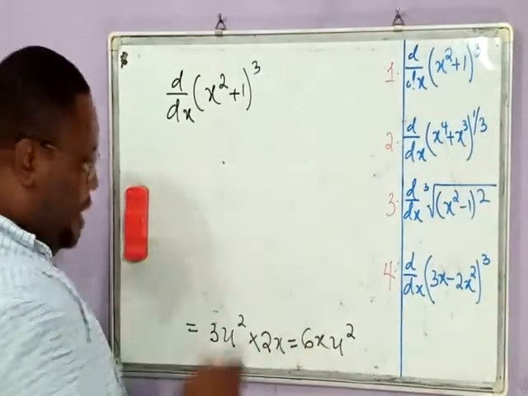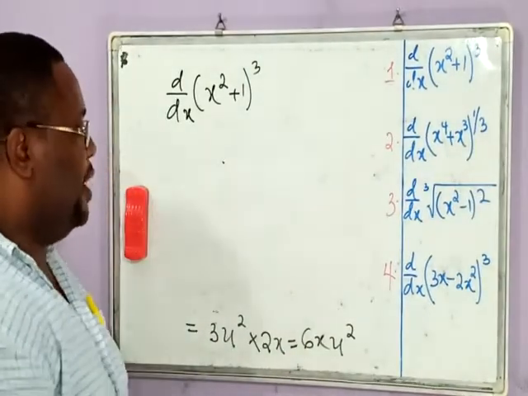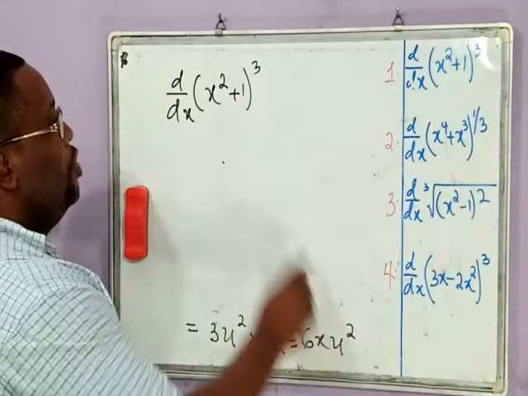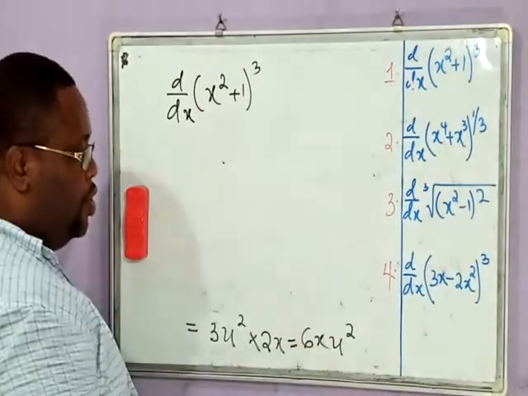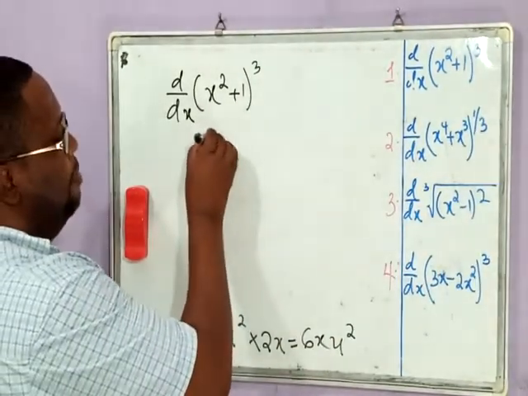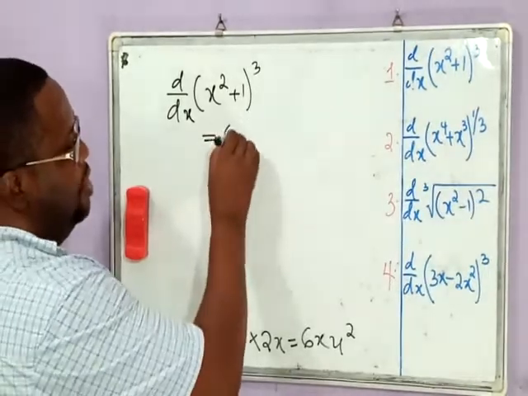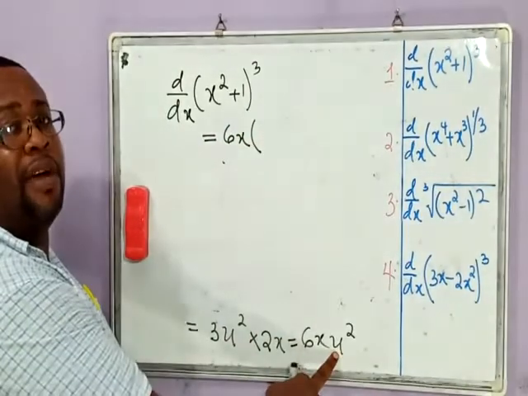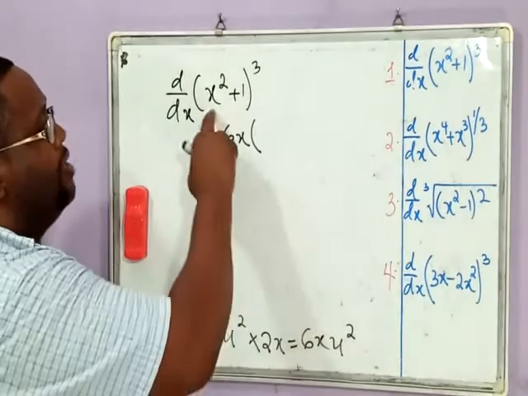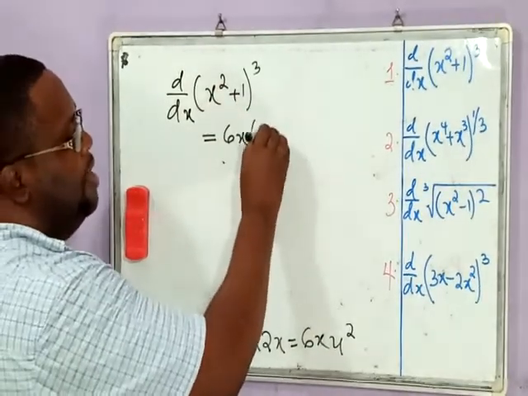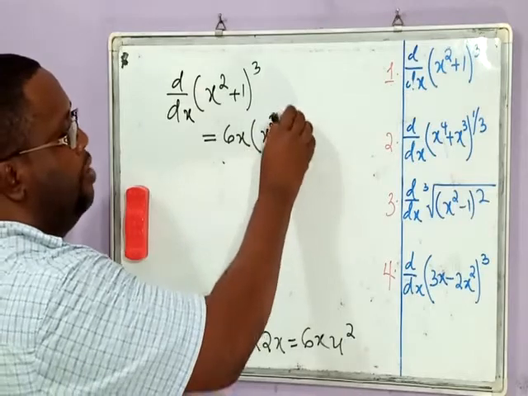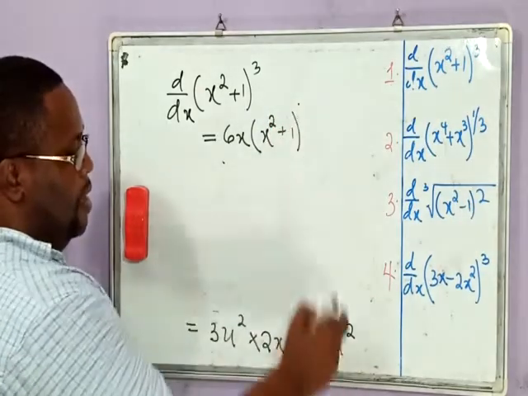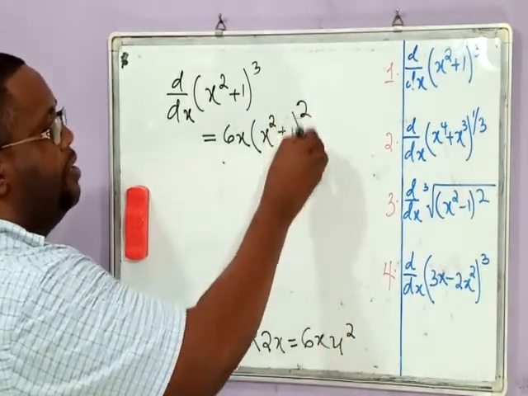But remember that at the beginning, we took u to be equal to x squared plus 1. So the answer to this problem becomes 6x into, now what was my u ab initio? My u was x squared plus 1, so I have x squared plus 1 all raised to the power 2.